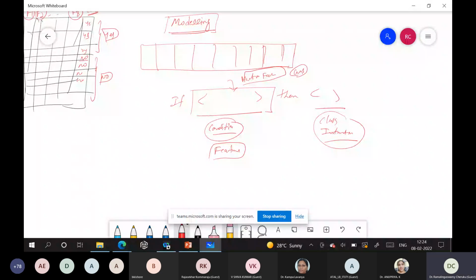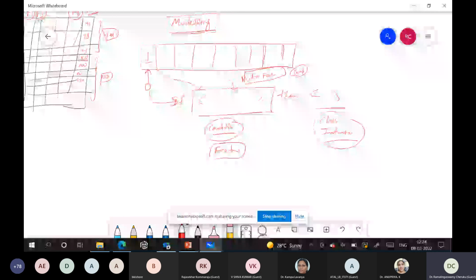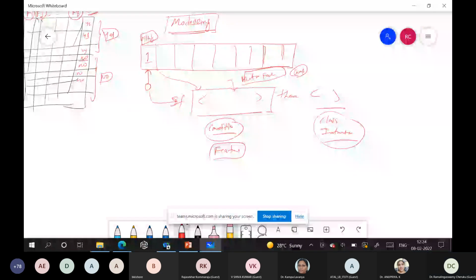You have to encode with binary encoding. So if this particular feature is 1, it means it is taking part in the if part. If this is 0, it is not taking part in your if part. So this particular bit is called the flag bit. This will help you to identify which features are taking part in the if part.